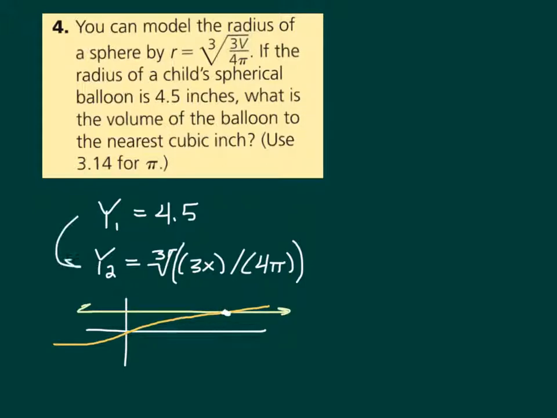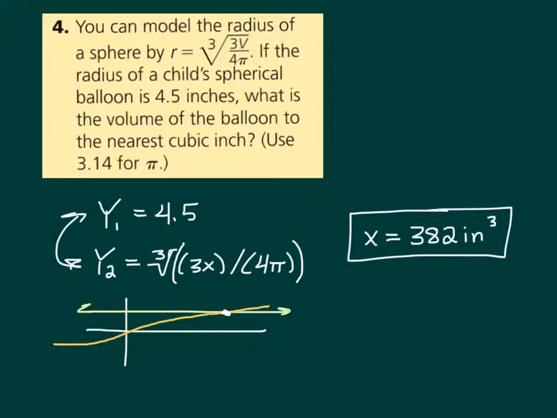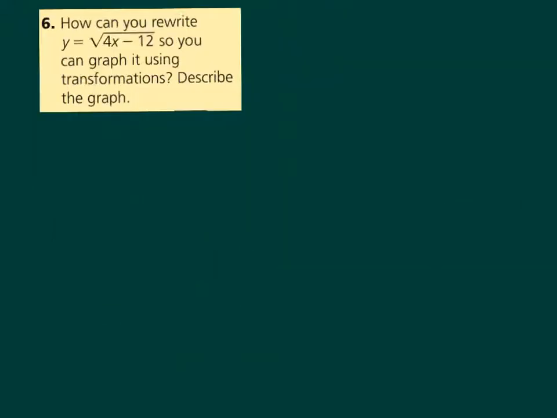That's what we want to do, find the intersection point between y1 and y2, noticing that to put it in the calculator instead of v I use x, and it's that x we're looking for. If memory serves, it rounds to 382 inches cubed, because they are asking for the nearest cubic inch. And so you are going to have to make sure your window goes far enough out that you're going to be able to see this point.